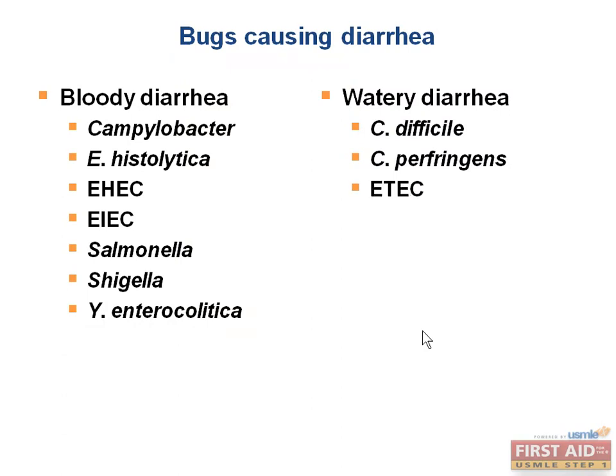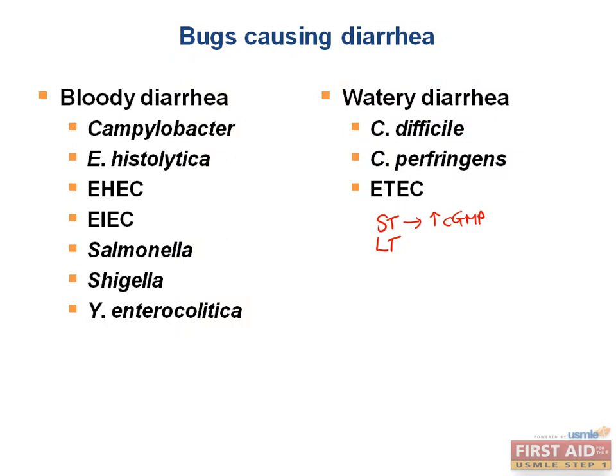Enterotoxigenic E. coli, or E-tech, causes traveler's diarrhea and produces ST and LT toxins. How do these work? Let's refresh your memory. In the case of ST toxin, it increases cGMP levels by overactivating guanylate cyclase.